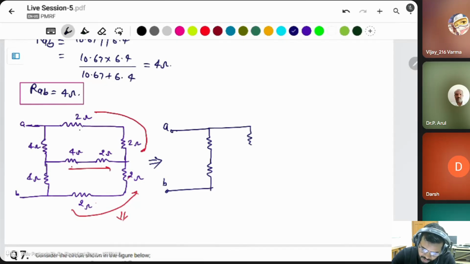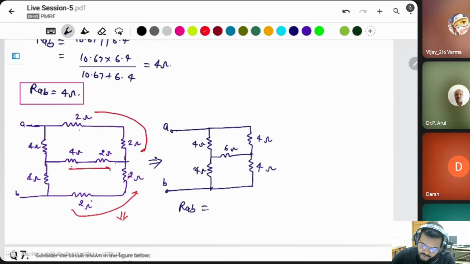Then this is also 4 ohm and these two are also the same. This also 4 ohm, and the middle one is the sum of these two, 6 ohm. In this case, we know about a Wheatstone bridge. Multiplication of these two is equal to multiplication of these two, and this will be open circuit. This 4+4 = 8 ohm resistor is connected in parallel with another 8 ohm. It means 8 parallel with 8 is equal to 4 ohm. Final answer.